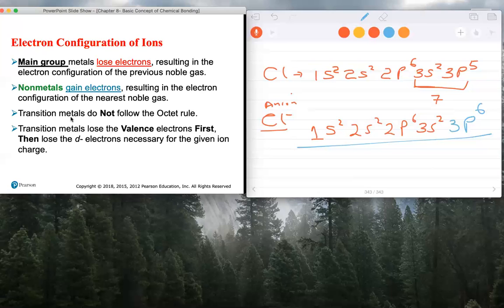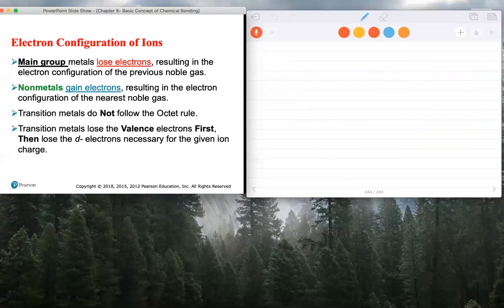Now, transition metals do not follow the octet rule. I used this example before. How do we write the electron configuration for transition metals? An example is iron. Iron is number 26, which means it has 26 electrons.